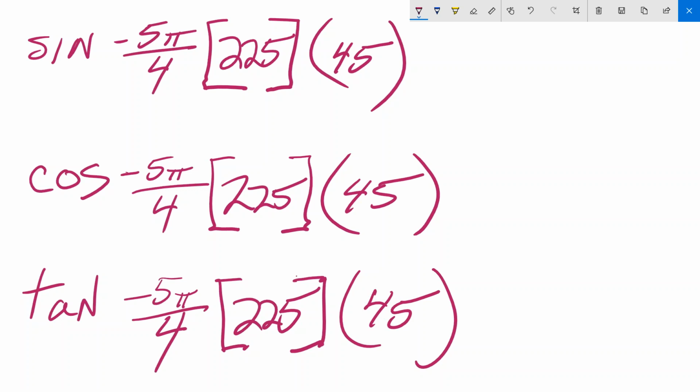So, what is the sine of 45 degrees? Think of that 45-degree triangle. Okay, that's fine. I don't have any problem with that answer. That's rationalized.